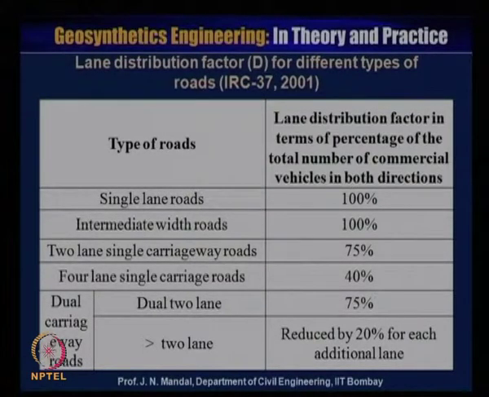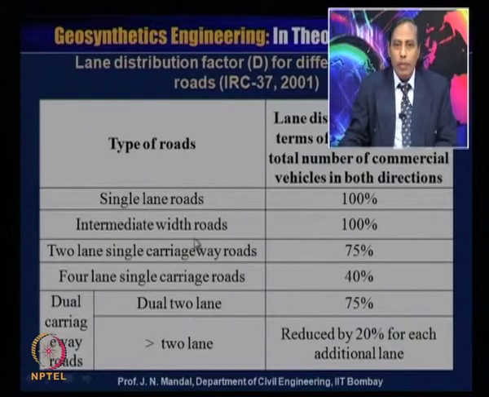Now you can see the type of road may be a single lane road, intermediate width road, 2-lane single carriageway road, 4-lane single carriageway, dual carriageway, dual 2-lane, and greater than 2-lane.